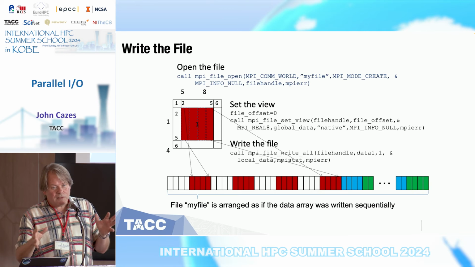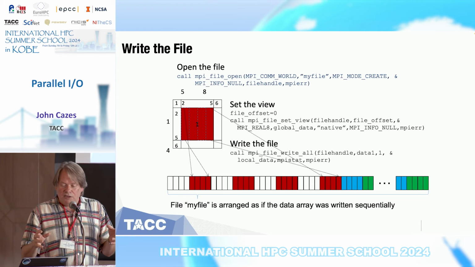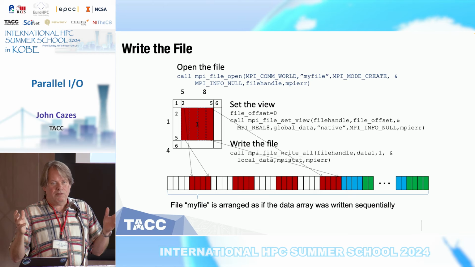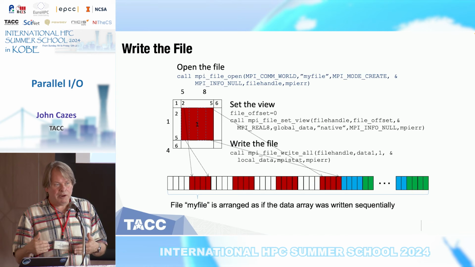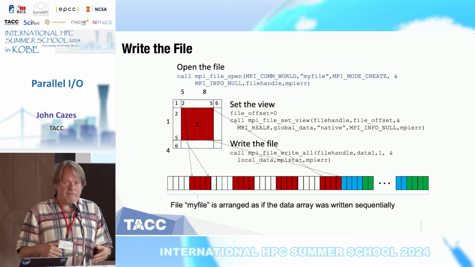And if you do this, if your code's set up correctly, you can change the task count, the number of tasks you're using, and still read and write the file. And it will come out the same every time. Sort of this is the power of the collective operations.